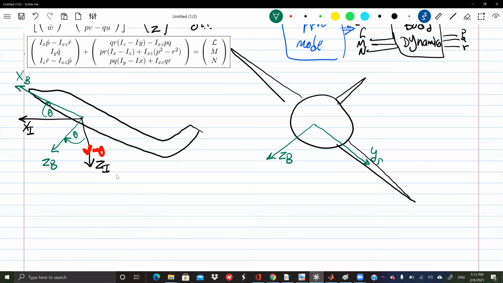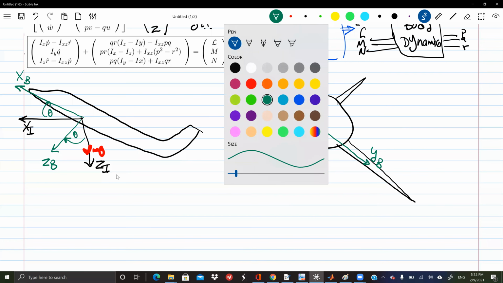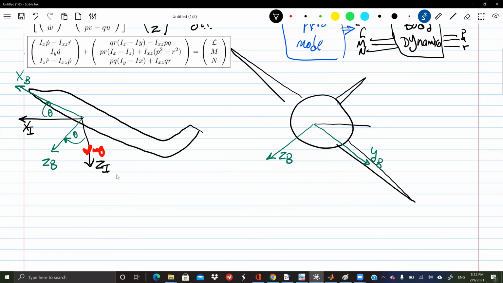This is Y body, the body axes that are attached to the body, and the inertial axes, they're fixed, they don't rotate. This is Y inertial, this is Z inertial, and this angle is the roll angle of the body, what we're gonna denote by phi, the roll angle. Again, gravity is straight downward, mg, and I can do cosine and sine, that's fine.